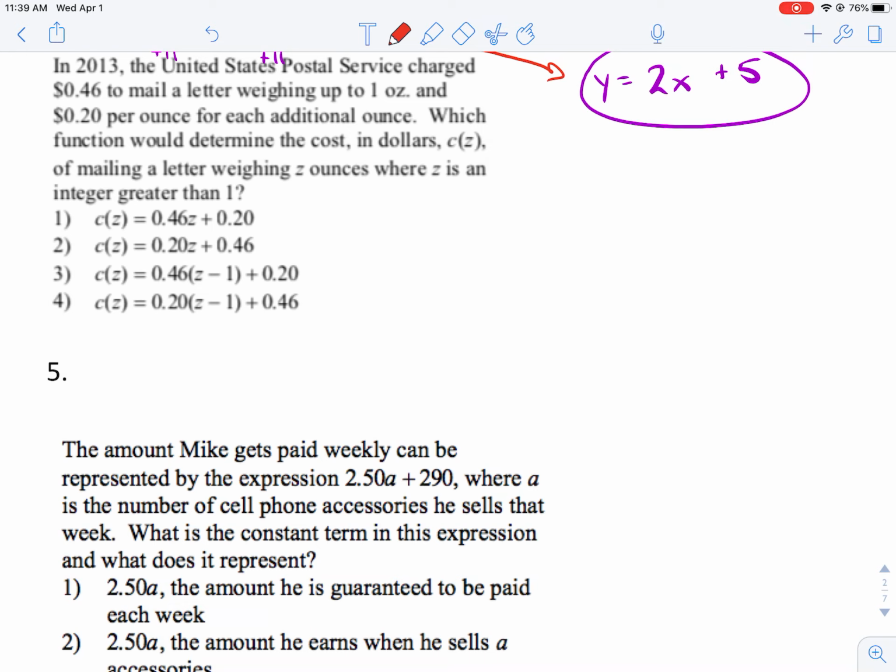So let's break this down into pieces, okay? Well, let's think about this one here. Okay, so it says the United States Postal Service charged 46 cents to mail a letter weighing up to 1 ounce, okay? So that's key.